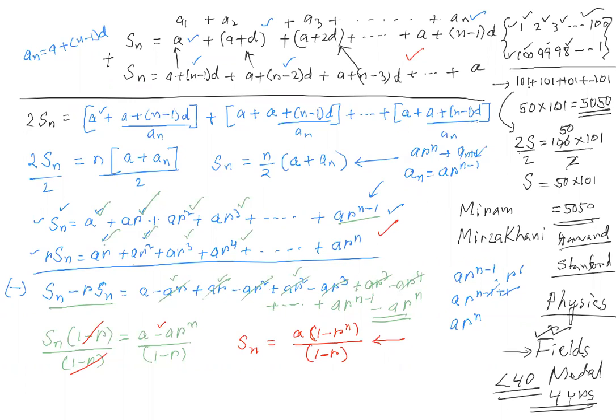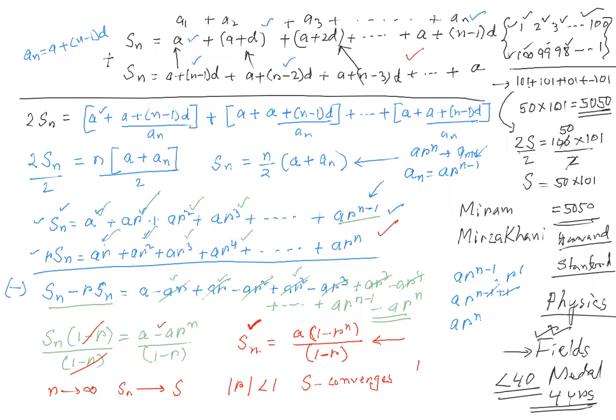Now, what if your n goes to infinity? As n goes to infinity, S sub n becomes S, the infinite sum. If S becomes the infinite sum, that means n goes towards infinity, and for the partial sum to converge, it has to be the case that the absolute value of R is less than 1. If the absolute value of R is less than 1, S converges.